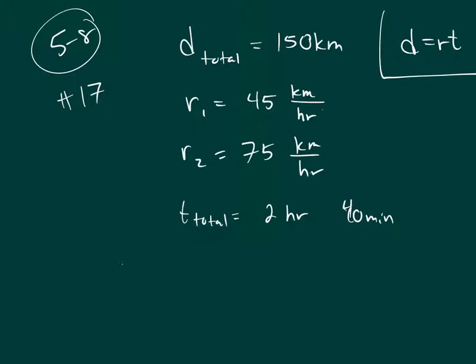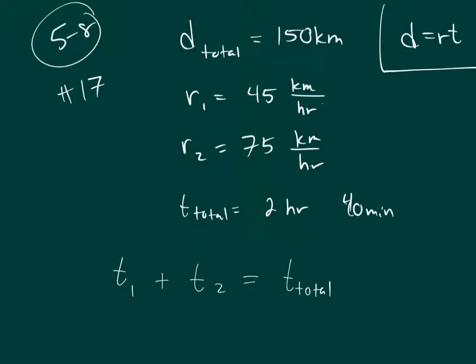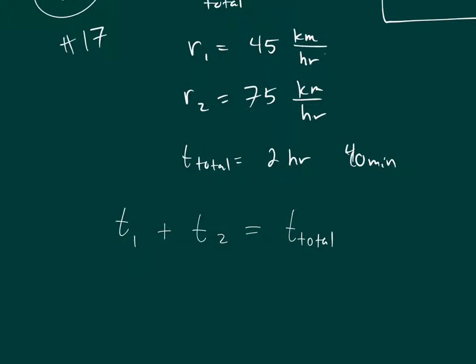You would have time 1 plus time 2 equals time total. So using R1 and D1, D1 is going to be 150 minus D2, the difference between the two of them. So this is what the next line would look like. We know it's D over R, so it's going to be 150 minus D1, D2 rather.